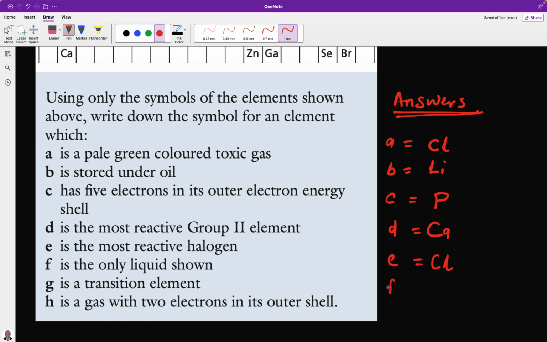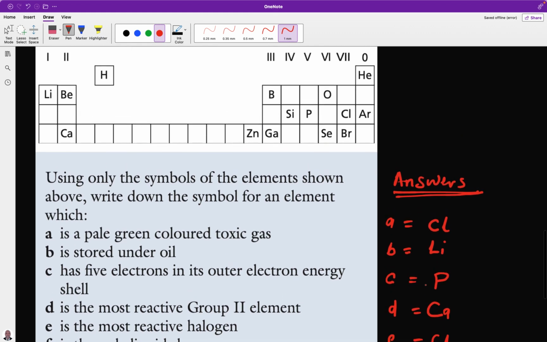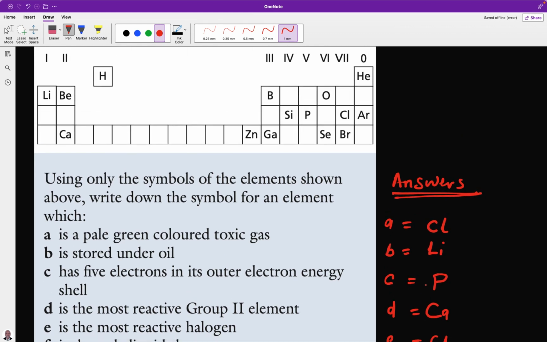F. Write down the symbol of an element which is the only liquid shown. As I told you when we were discussing the periodic table, these are the metals, and these are the transition metals.